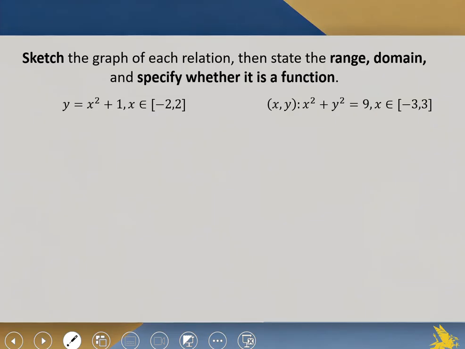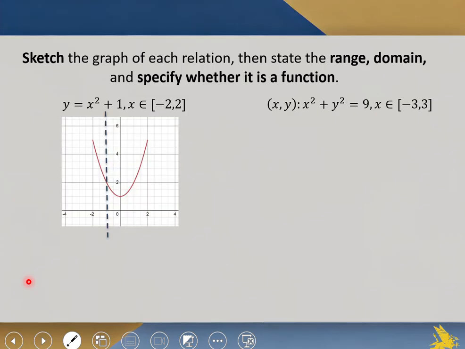So let's have a look at these two. Sketch the graph of each relation, then state the range and domain and specify whether it is a function. So y equals x squared plus 1, can you have a go at graphing this? It is a parabola that has just been vertically translated up by 1 unit.